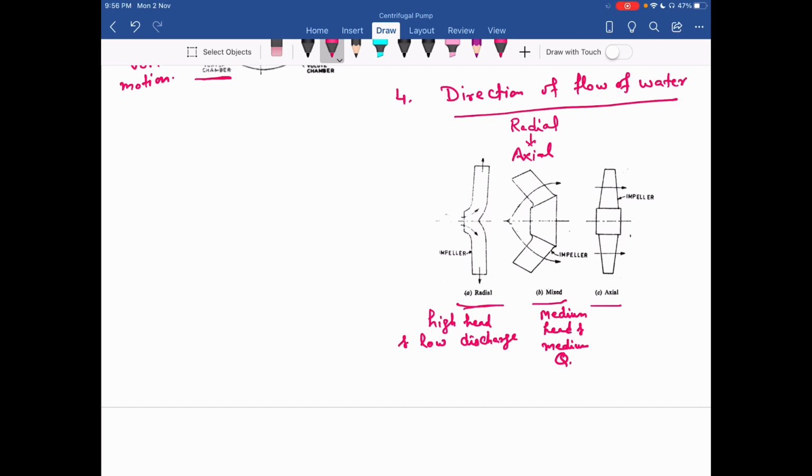Okay, then axial flow pump. So you can see here the direction in the impeller is purely axial. So this is not the case of a centrifugal pump, you can say, because in this case the pressure increase of the water is not due to the centrifugal effect.